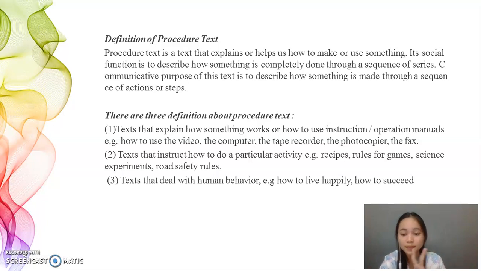Second, text that instructs how to do a particular activity, for example, recipes, rules for games, science experiments, road safety rules. And third, text that deals with human behavior, for example, how to live happily, how to succeed.